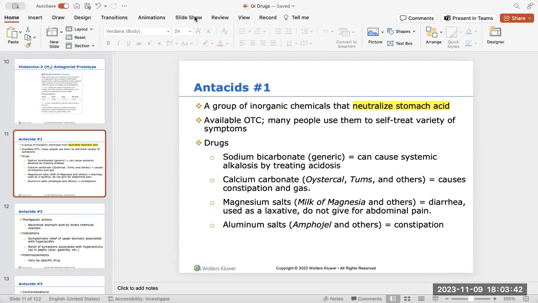So we're giving them this medication and it's alkalizing it. So it's making the pH go higher. So like 5, 6, 7, 8. And if it gets that high, it can cause systemic alkalosis.